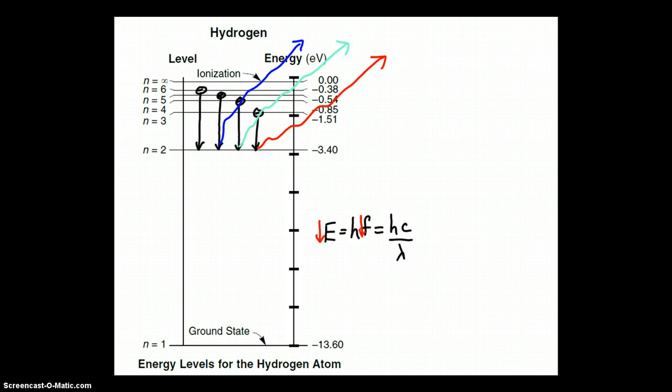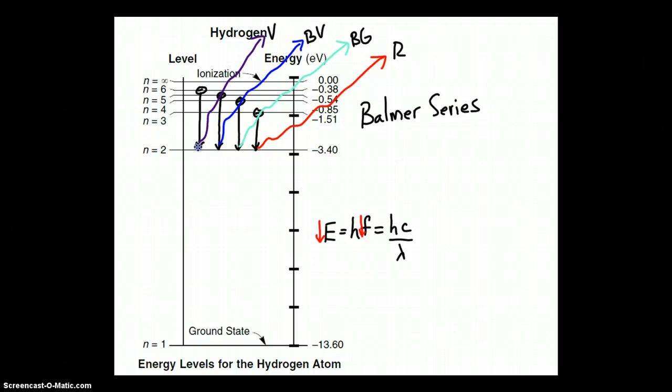And the jump from 6 to 2 emits a very dark violet photon, one that's actually barely visible by the human eye. So those colors, once again, are red, blue-green, blue-violet, and violet. These four emitted photons make up what is called the Balmer series of the hydrogen energy spectrum.